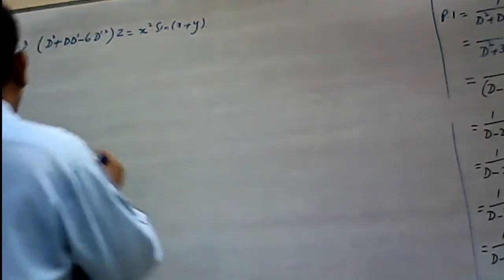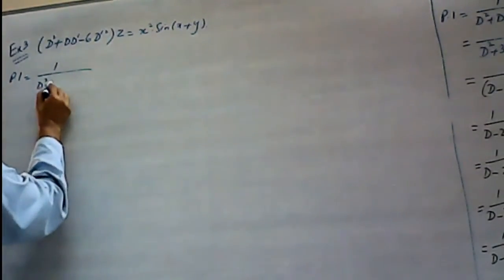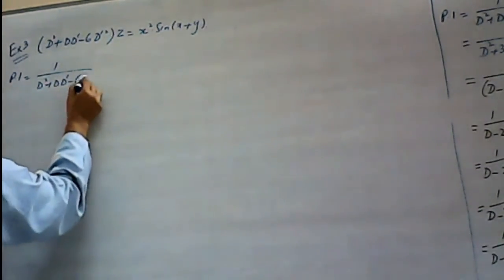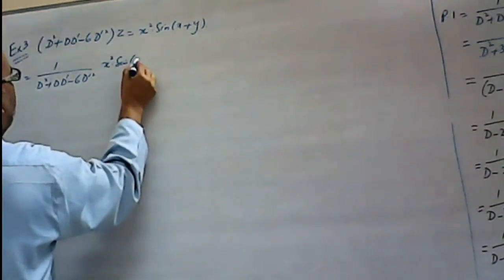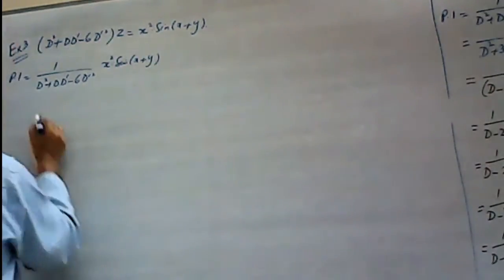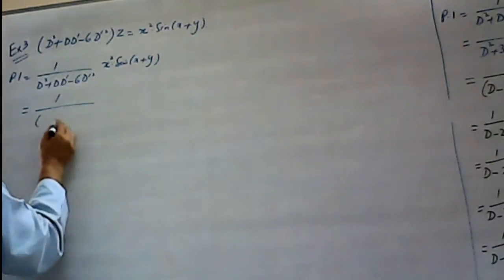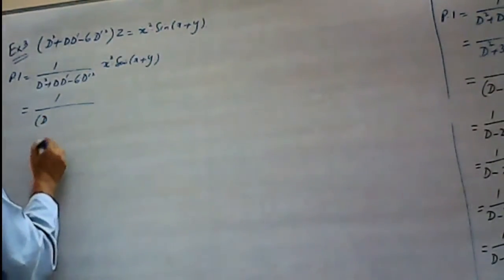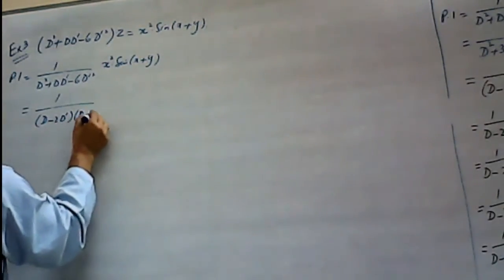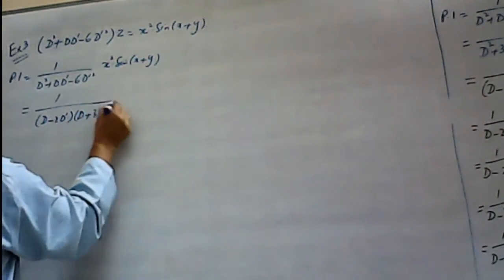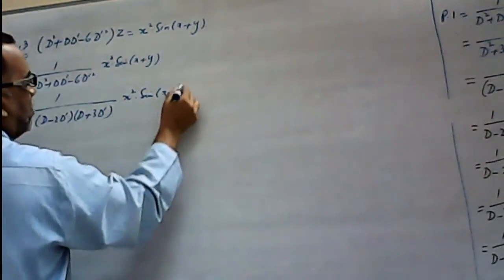Then for finding the particular integral, we will write 1 upon (D square plus DD dash minus 6D dash square) of x square sine (x plus y). So if we break the middle term, we will have (D minus 2D dash) and (D plus 3D dash) applying on x square sine (x plus y).